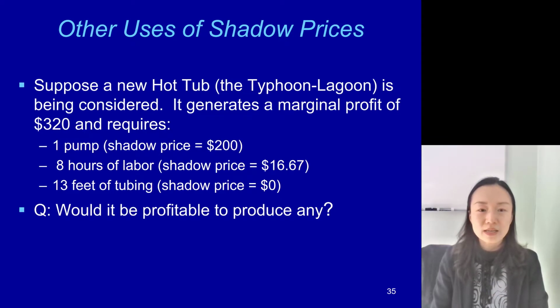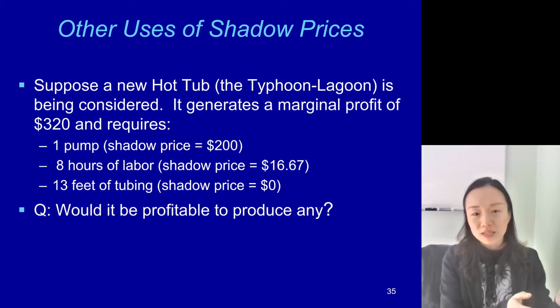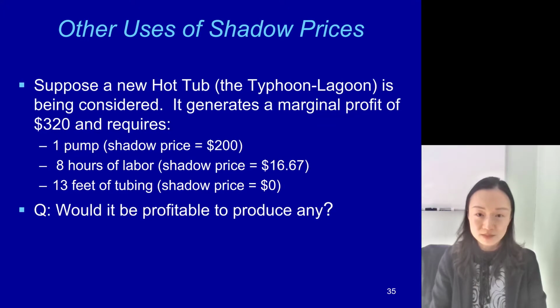And now it's saying that if you do make 1 unit, it's going to bring $320 of profit. So will this added $320 be enough to make up for the loss of profit by taking out those resources? I'd like you to think about it.